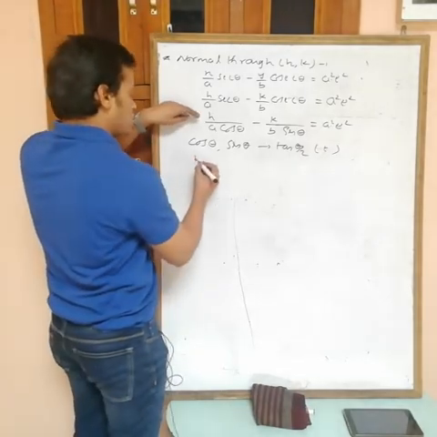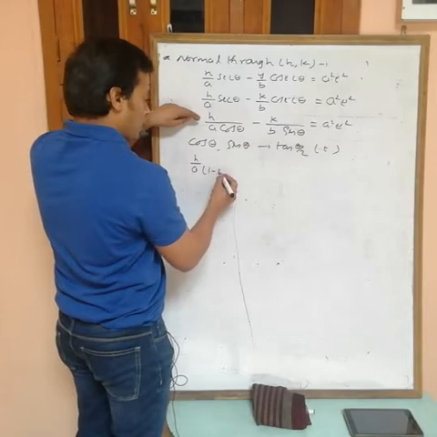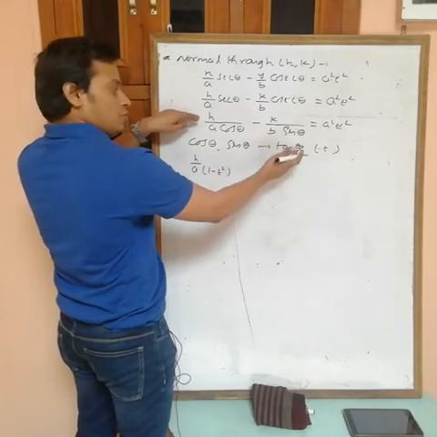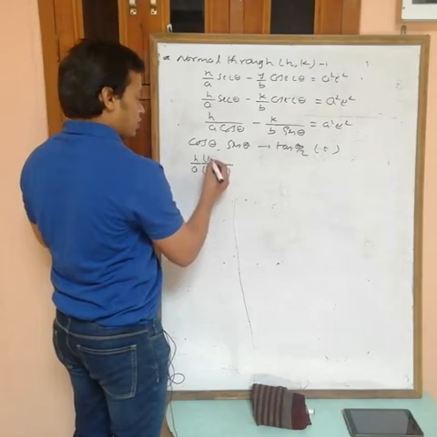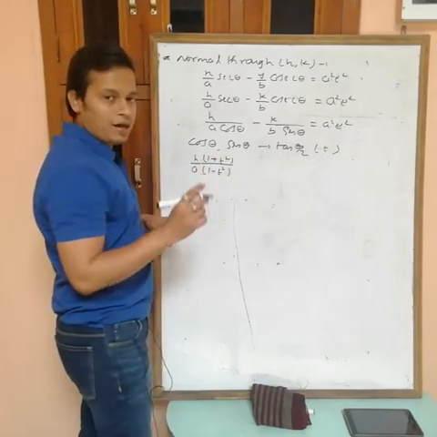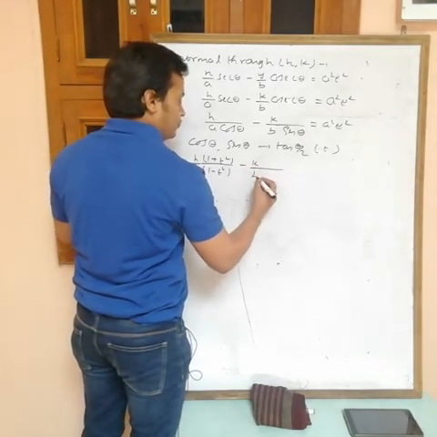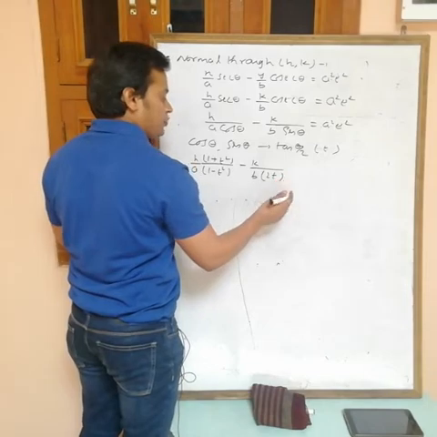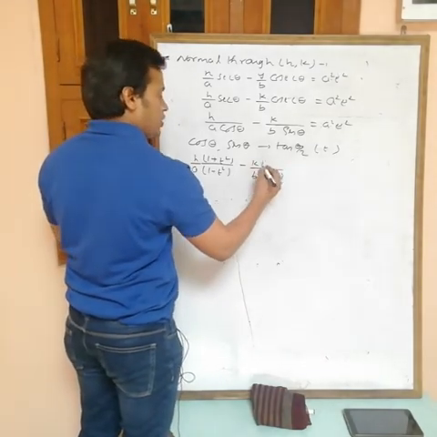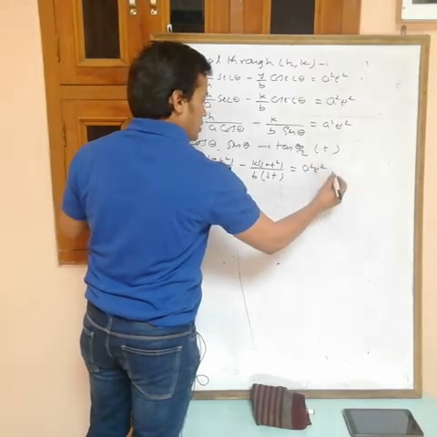So h by a, into 1 minus t square by 1 plus t square. Minus k by b, sin theta is 2 tan theta by 2, that is t, by 1 plus tan square theta by 2, that is 1 plus t square, equals a square e square.